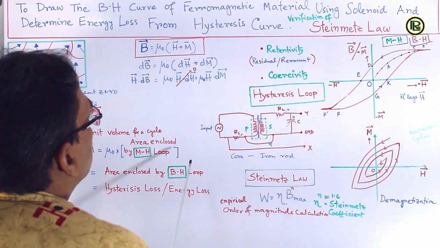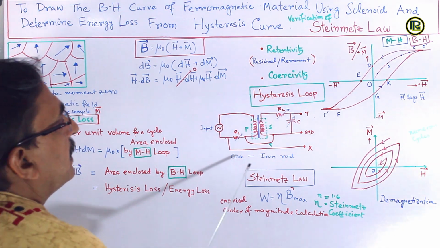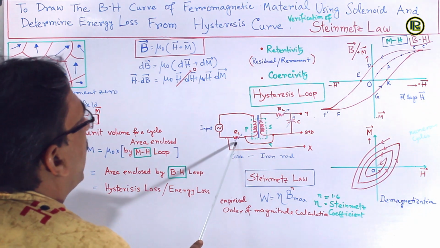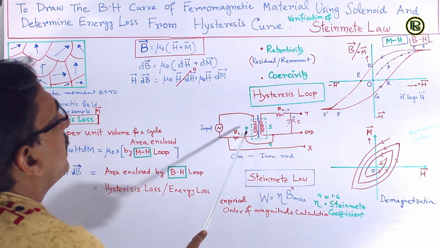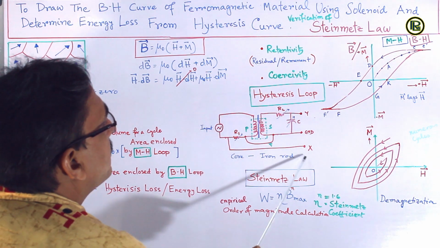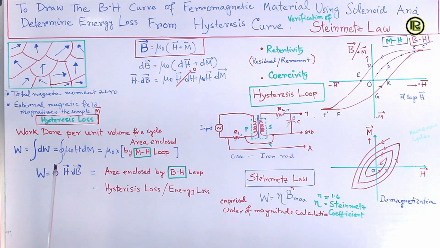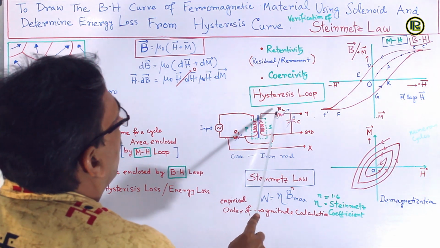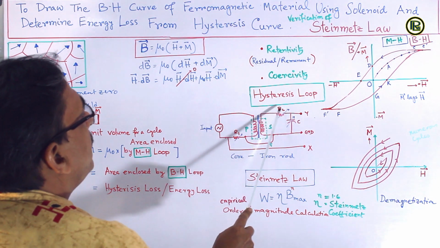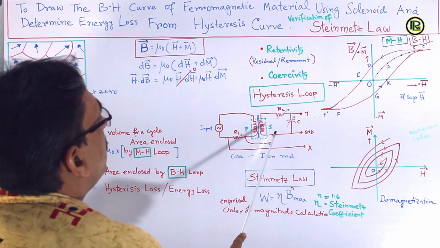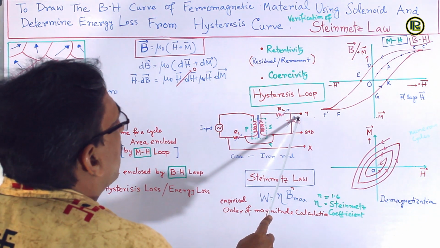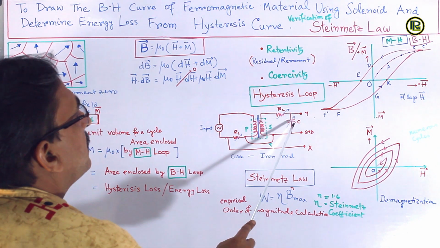In this case, the input signal for the hysteresis loop is taken as the voltage drop across this R1 in the primary network, and that is taken as the X signal of the CRO. And this RC network is actually an integrator circuit, and we take the output across the capacitor C, which is variable.